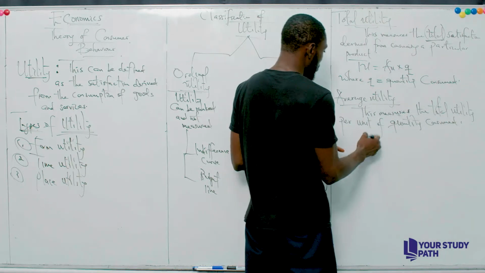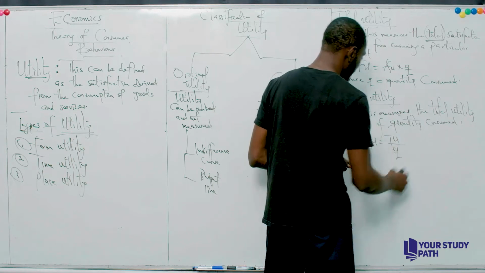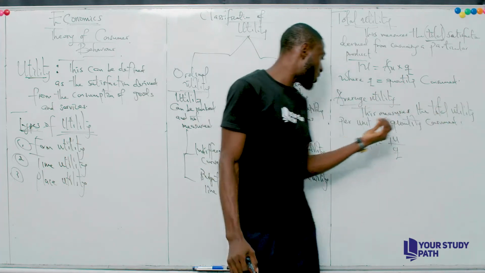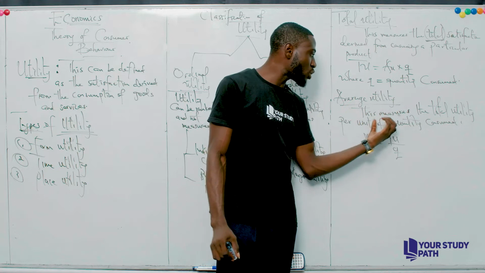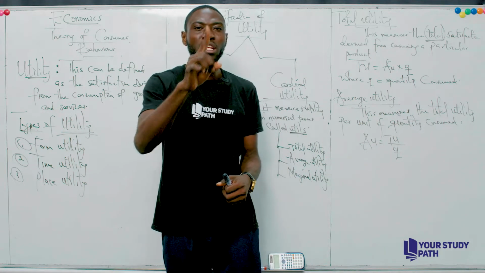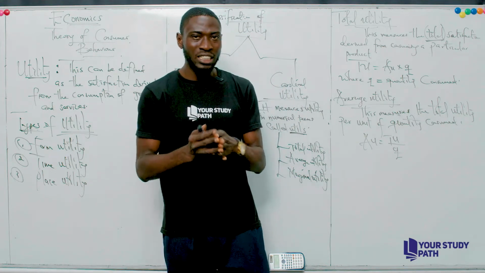So therefore, AU will be equal to TU divided by Q. It measures the total utility per unit of quantity consumed, meaning the satisfaction you derive from consuming one unit of a particular commodity.